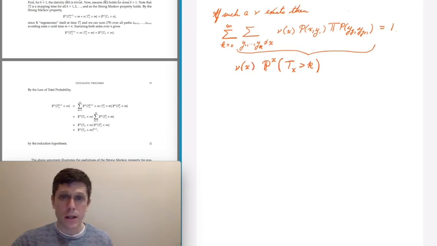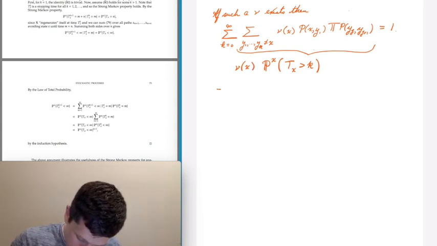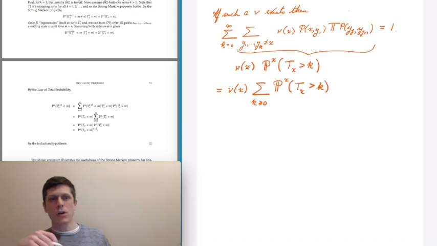Okay. So now what we can easily see is that this expression here is nu x, sum over all values k bigger than or equal to 0, of the probability that T_x is bigger than k. And we know also that the amount of time it takes to revisit a state cannot equal 0.